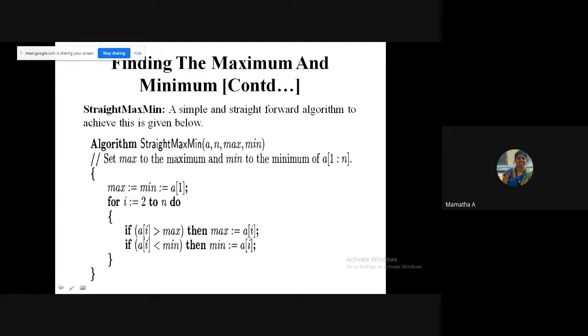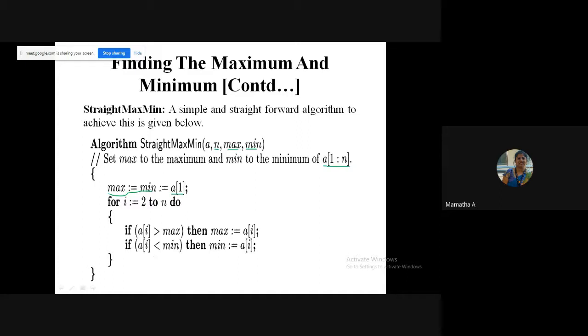Simple algorithm which we have taken. What we did is we just pass the array, the size of the array, that is number of elements, max and min. Max equals min equals a of 1, assuming that the array index starts with 1 and ends with n.